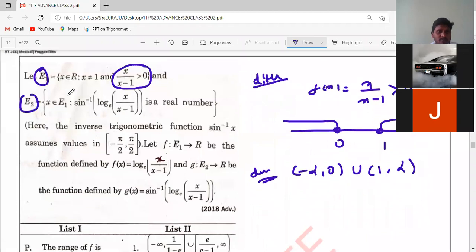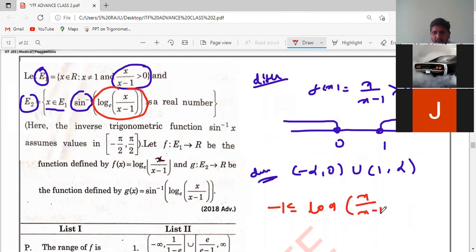Next, E2. E2 means for every x belonging to E1, sin inverse of this one is a real number. Since we know that the domain of sin inverse is minus 1 to plus 1, so minus 1 lesser than or equal to, in place of x, log of x by x minus 1 is there.